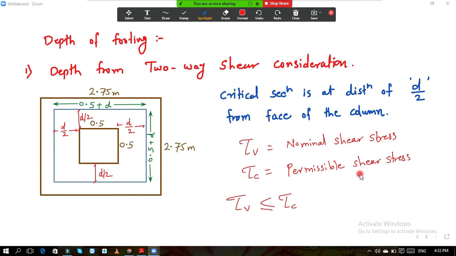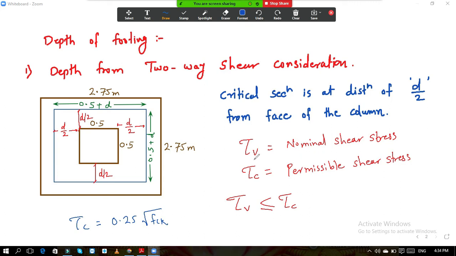The formula to calculate the permissible shear stress tau c is 0.25 under root fck. This is the formula given by IS 456 2000.